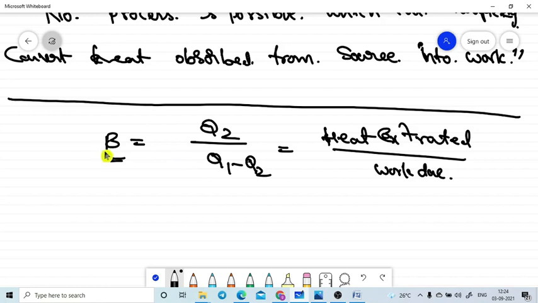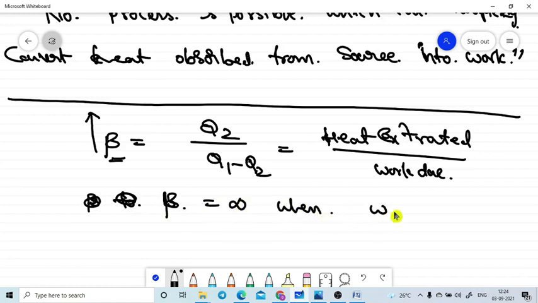If we want to increase this value, up to which value can we increase it? This value can be increased to infinity. Beta is equal to infinity when work done is equal to 0.